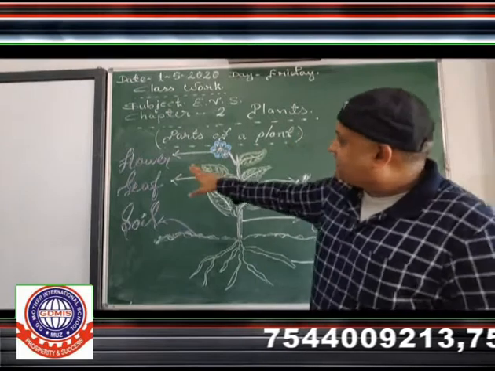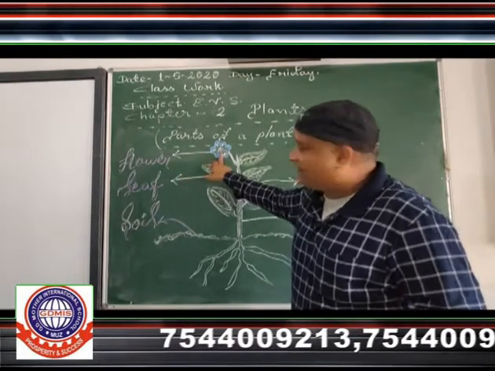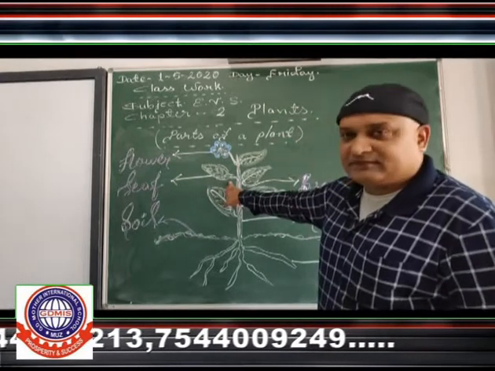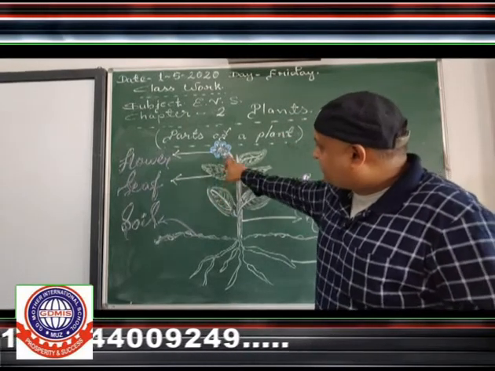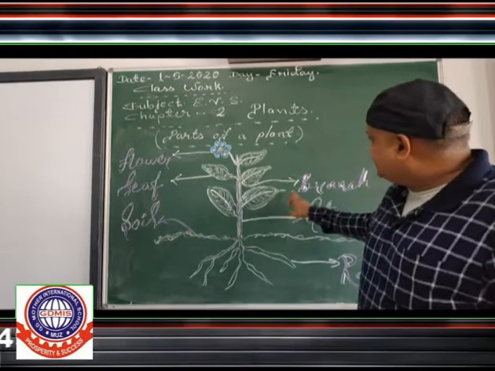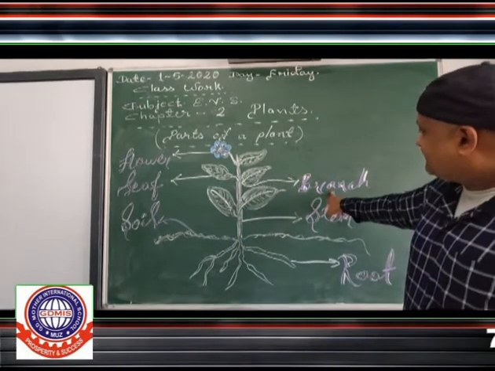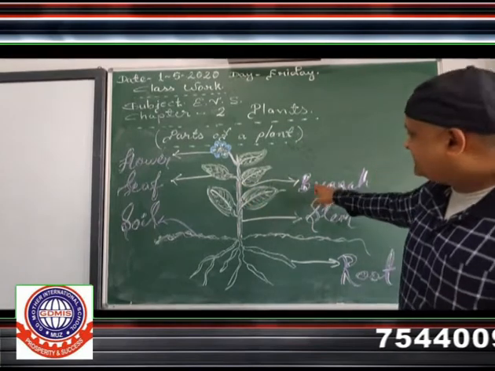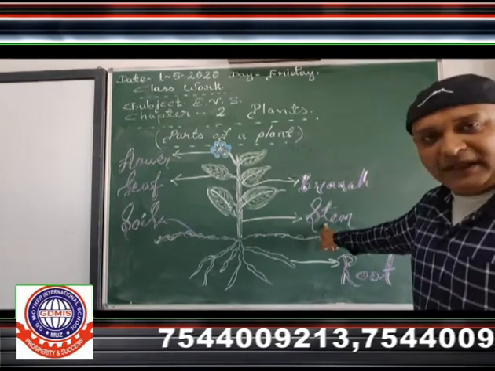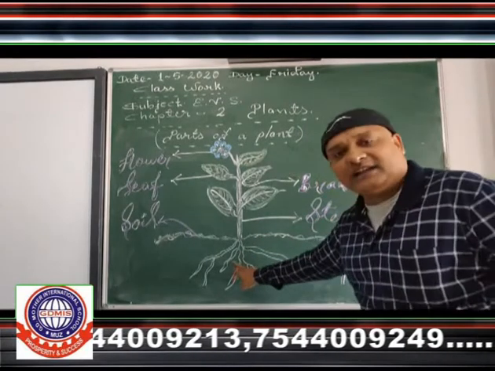Now just see, this is a flower. I have written the spelling here for you. See the leaf. This is also part of a plant. Now this side, branch. This is a branch. This is also a part of a plant. This is the stem of a plant, and these are the roots of a plant.